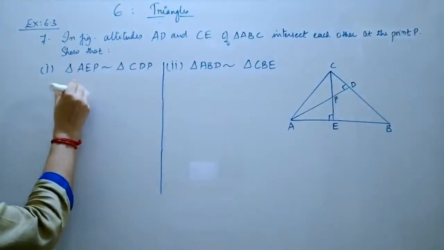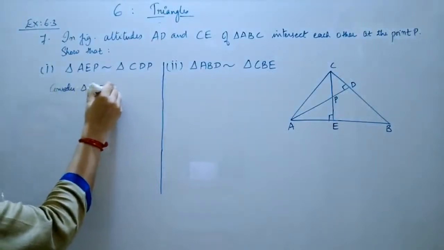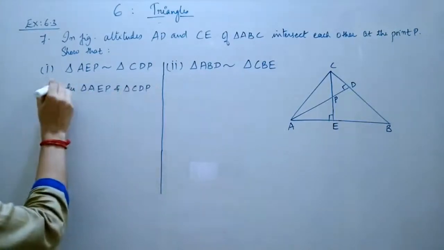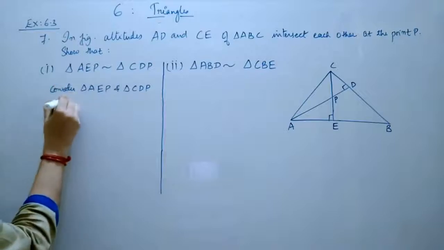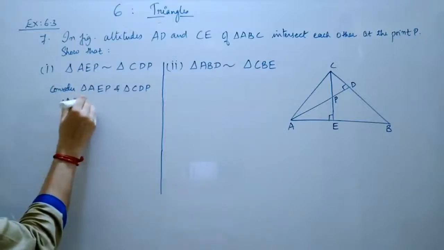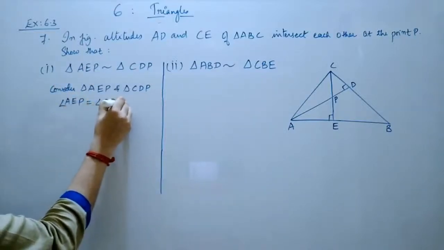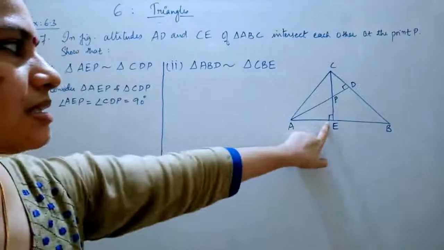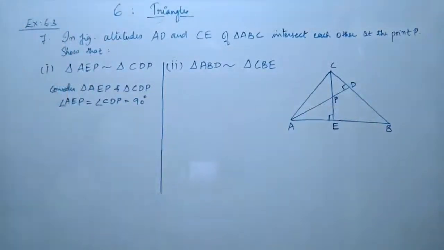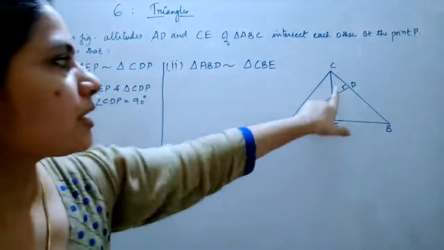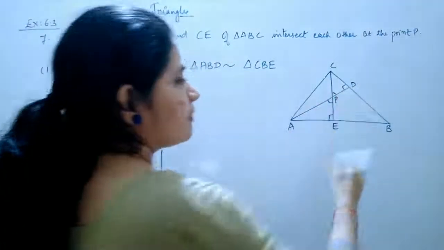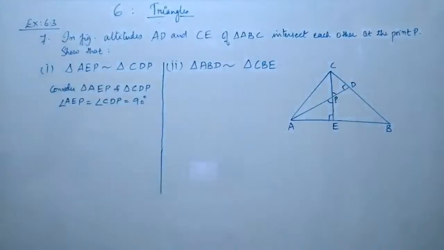Okay, so consider triangle AEP and triangle CDP. And in that you will get angle AEP is equal to angle CDP equal to 90 degrees, because both are altitudes. So at E it is 90 and at D also it is 90 degrees. Now for these two triangles you can just see this angle will be equal to this angle, this one and this one, because they are vertically opposite angles.